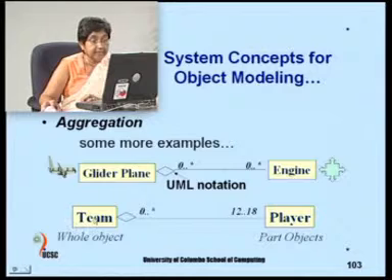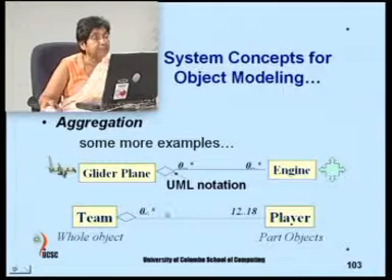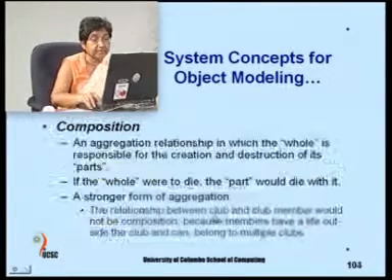A team can have a range of 12 to 18 players. The whole object is the team, and the part objects are the players. This is 0 or more, and this is also 0 or more. An engine may not be in any plane, or it can be in one or more planes. A player can be in 0 teams, or he could be in more than one team.